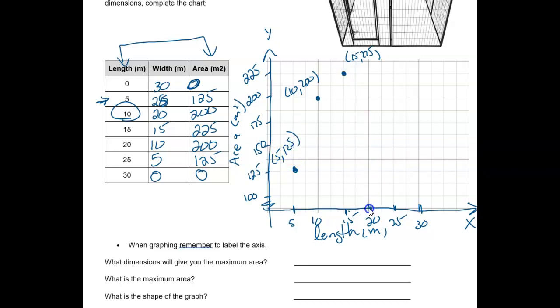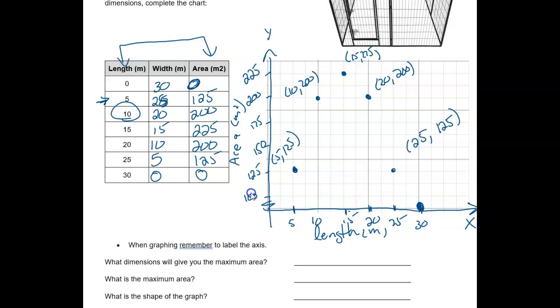And then when we get to 20, there's 200 again. At 25, it's back down to 125.